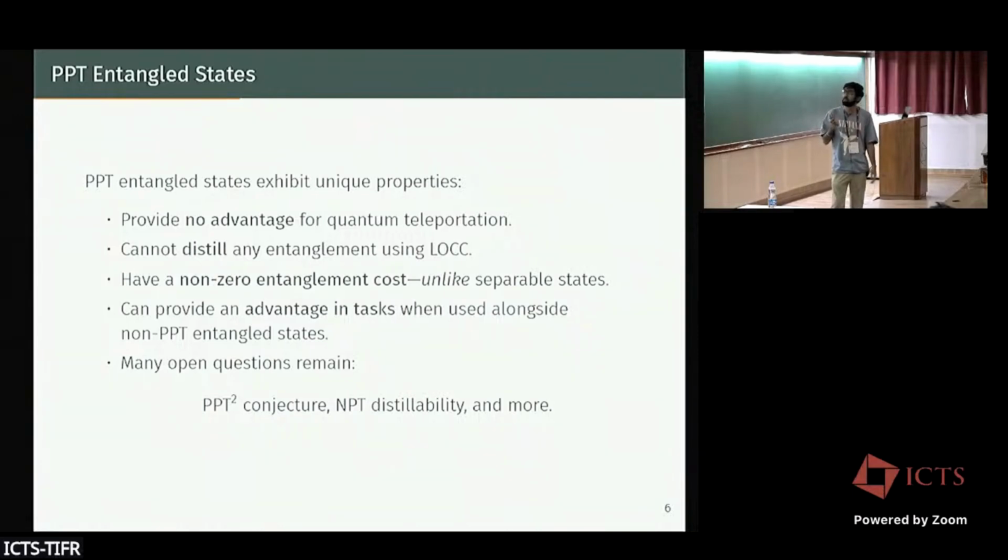But third, they have a non-zero entanglement cost, which means, unlike separable states, you need some entanglement to prepare them. They also sometimes provide an advantage in tasks when used alongside non-PPT entangled states. And many open questions are related to these states, such as the PPT squared conjecture.